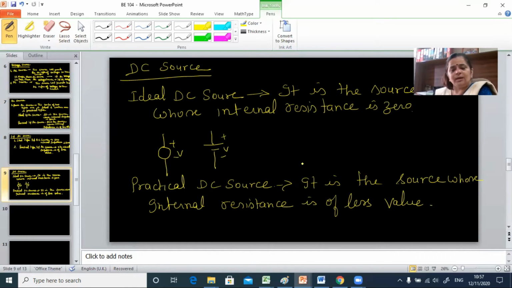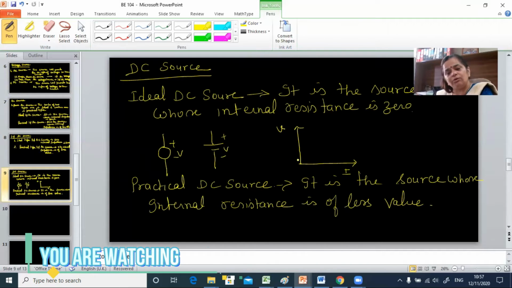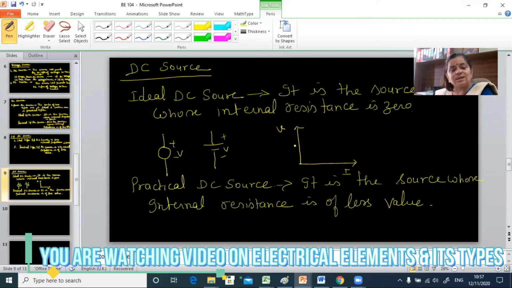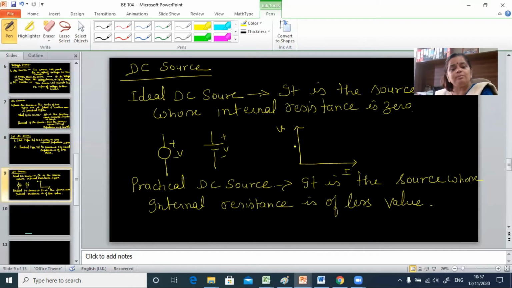And if somebody is asking its characteristic, if I plot the ideal DC voltage source independent type characteristic, then on the x-axis I take I, on the y-axis I take V. Since it is an independent DC type voltage source, it will provide a constant voltage irrespective of change in circuit parameters.